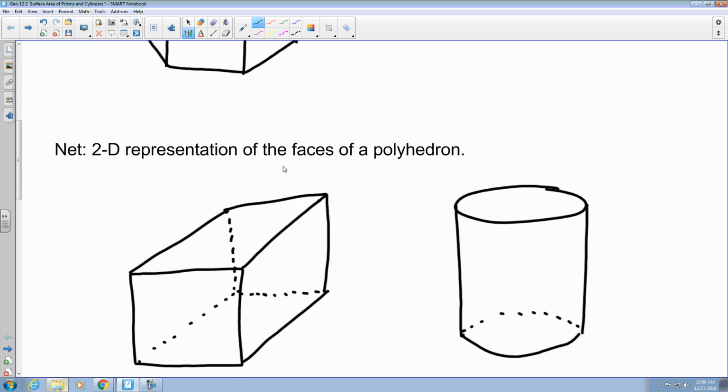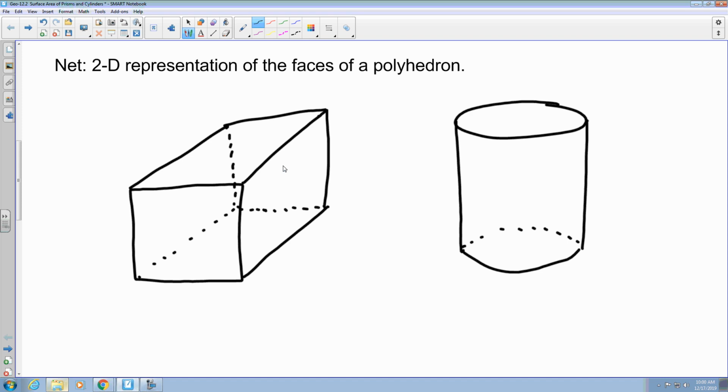So first things first, what they want us to do initially is to create what is called a net. A net is a two-dimensional representation of the faces of a polyhedron or 3D object.